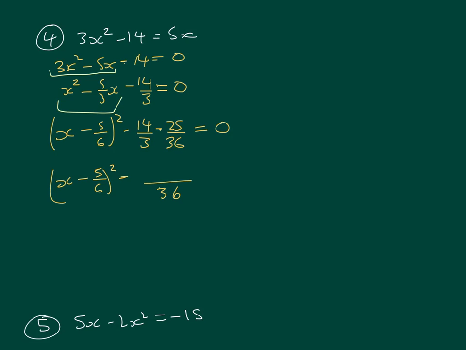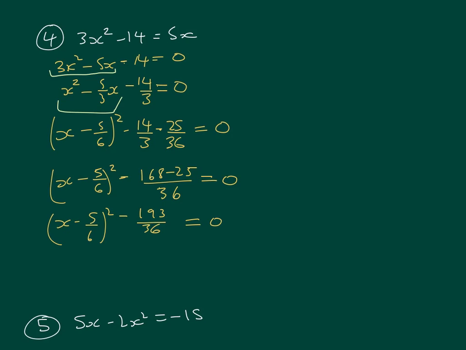We'll have to multiply that by 12. Which is going to give us 168 minus 25. So minus 168 minus 25 is going to give us minus 193 over 36. And we have x minus 5 over 6 all squared.